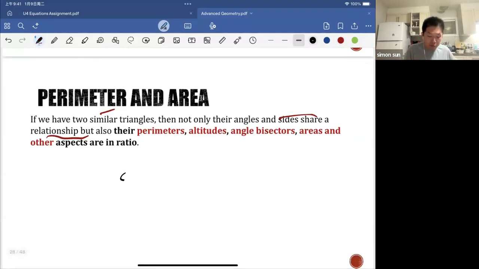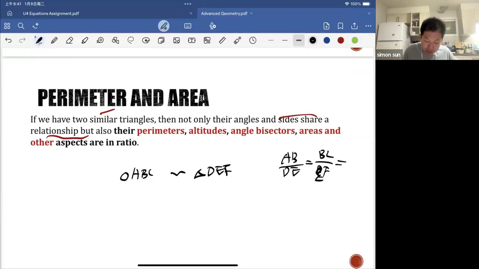For example, if we have triangle ABC and triangle DEF, and we know those two triangles are similar, and we know the side ratios, BC over EF equal to AC over DF, let's say it's equal to 3.